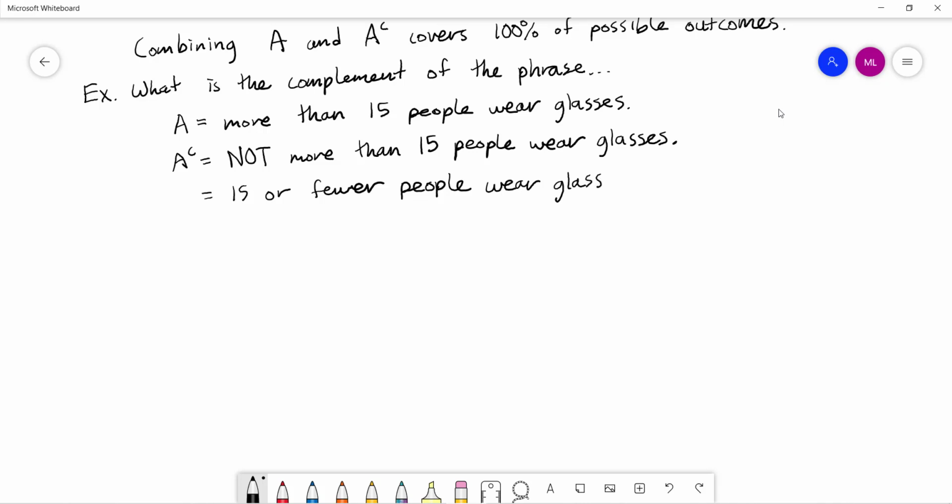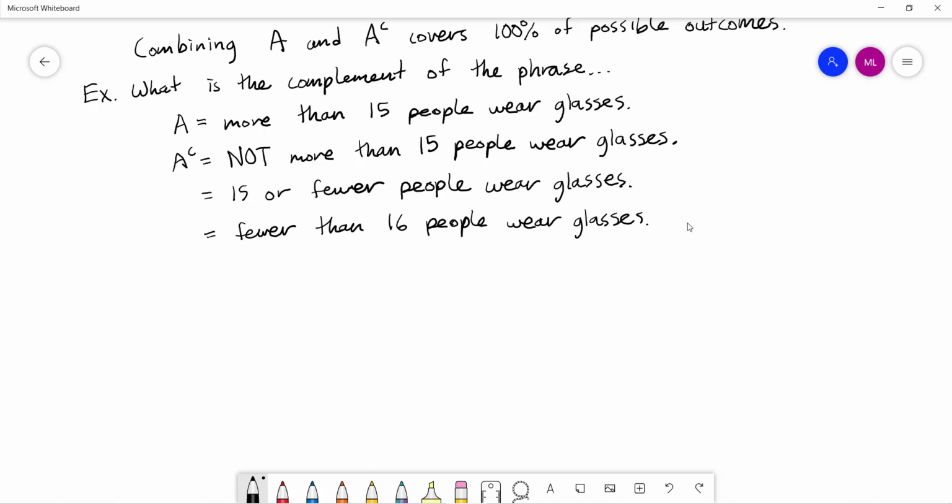And confusingly enough, on the homework, this may not be an option. Another way to phrase this would be to say fewer than 16 people wear glasses. And technically, all three of these statements here are completely equivalent, right? 15 or fewer means 15, 14, 13, 12, 11, 10, and so on all the way down to 0.